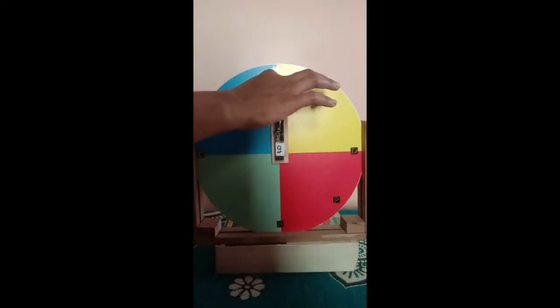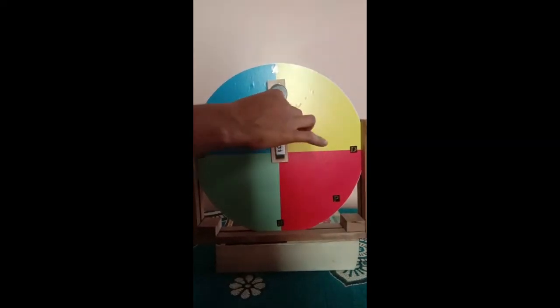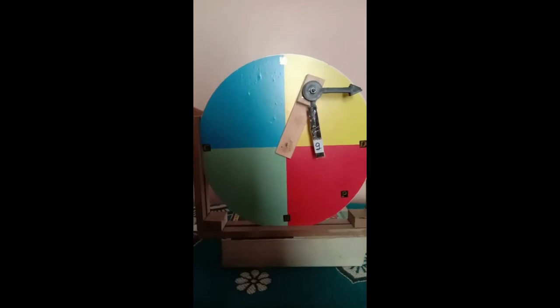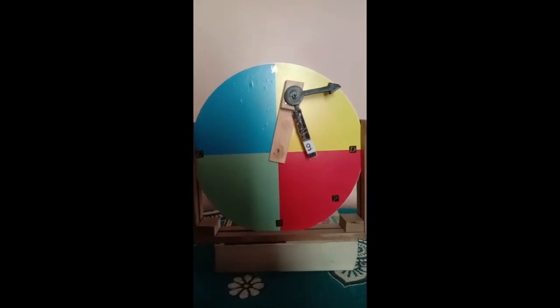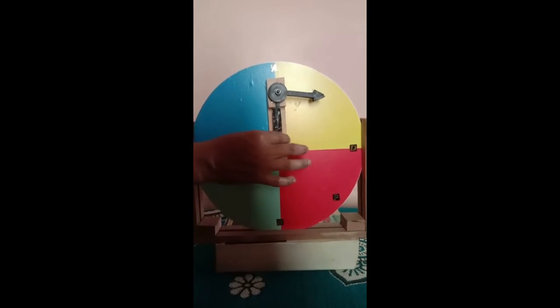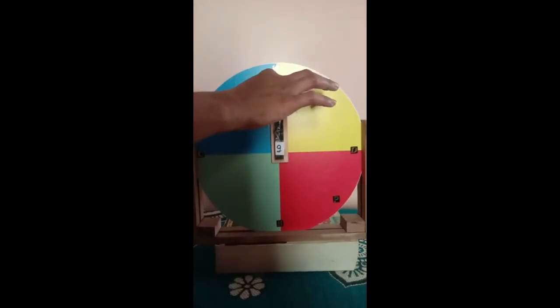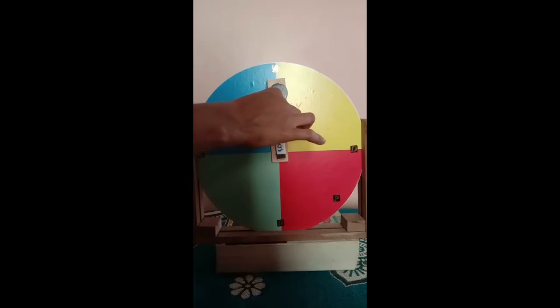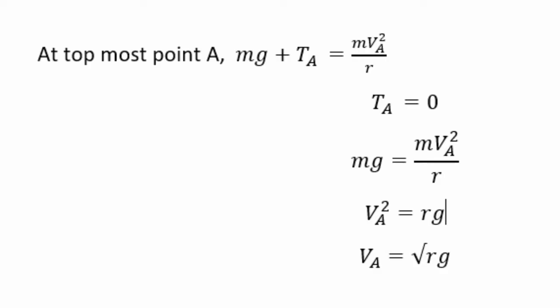Therefore, the minimum initial velocity that the object should have to complete the vertical motion can be calculated by balancing the forces. So, at the topmost point A, the force is balanced by the centripetal force, which is mv square by r, minus the gravitational force, that is mg.